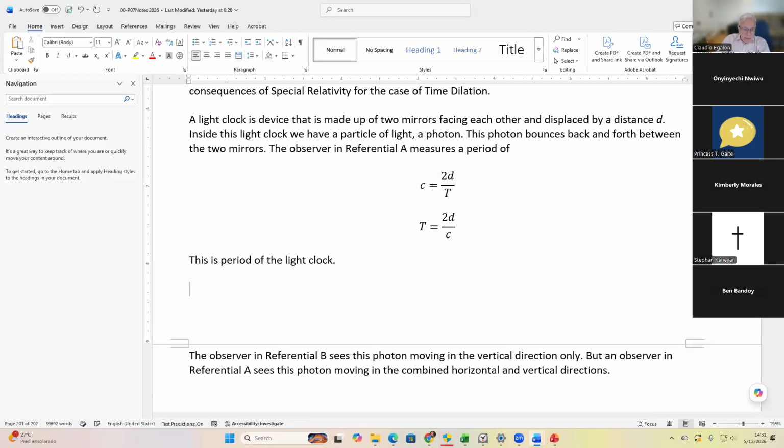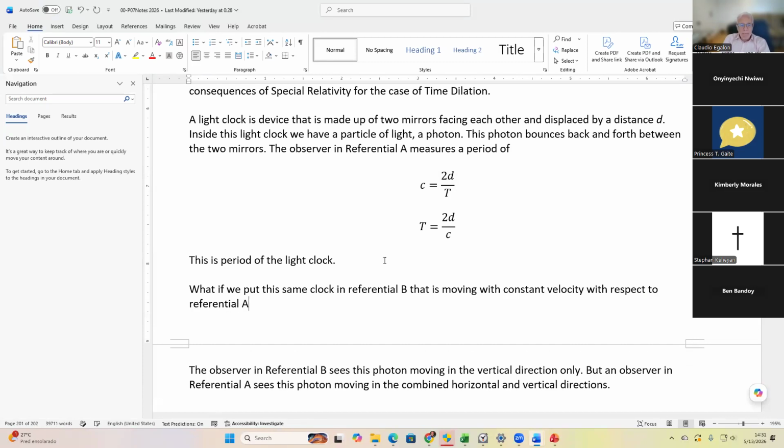Now the question that we ask is, what if we put the same clock in referential B that is moving with constant velocity with respect to referential A?